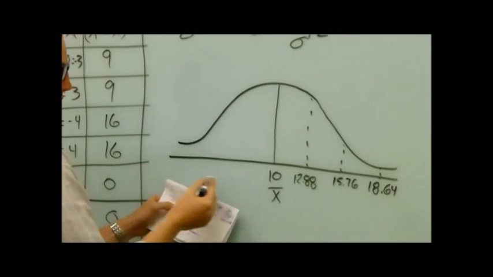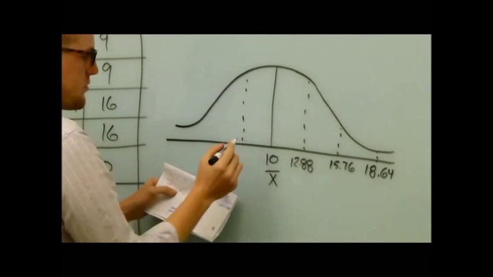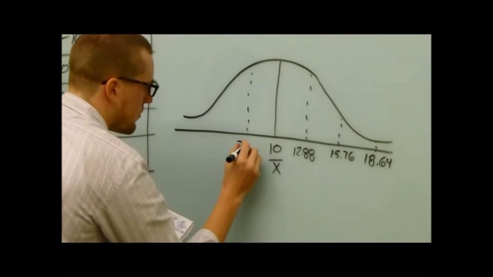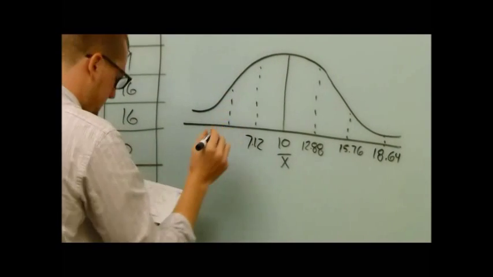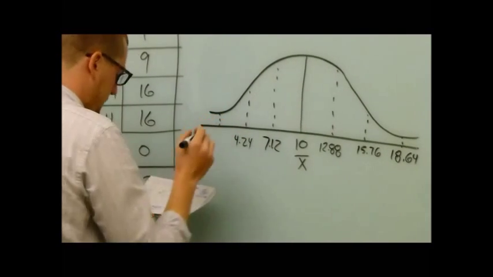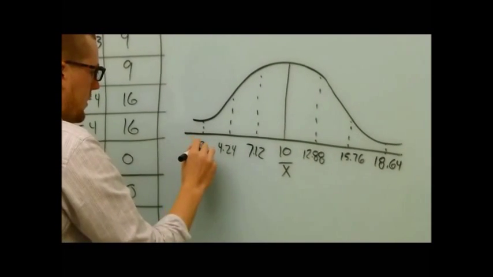And then it works the same way on the other side. Simply subtract 2.88 from the mean, giving you 7.12, 4.24, and then finally 1.36.